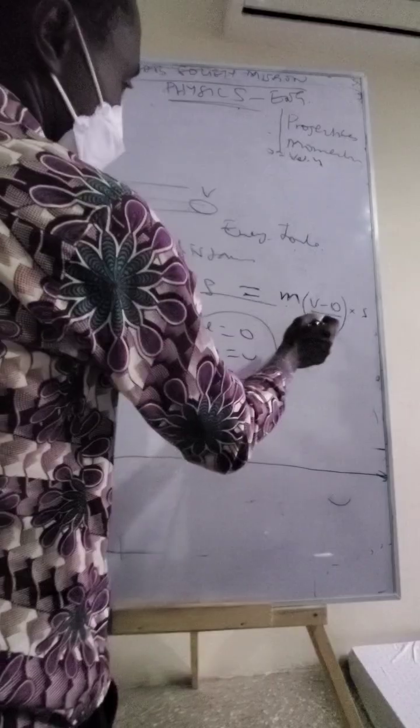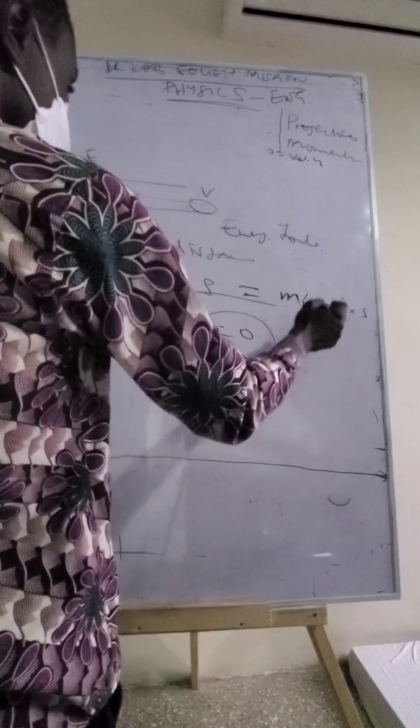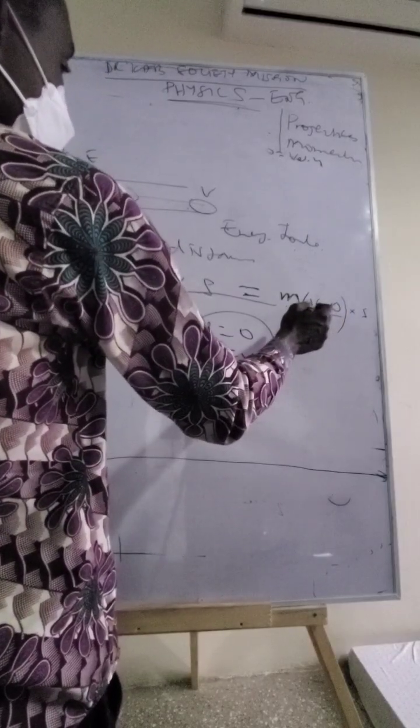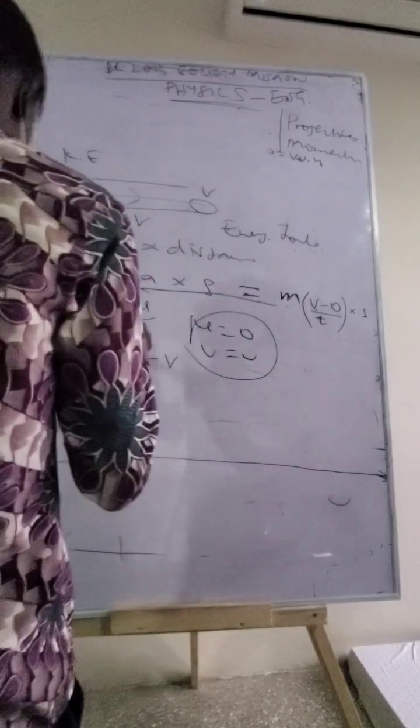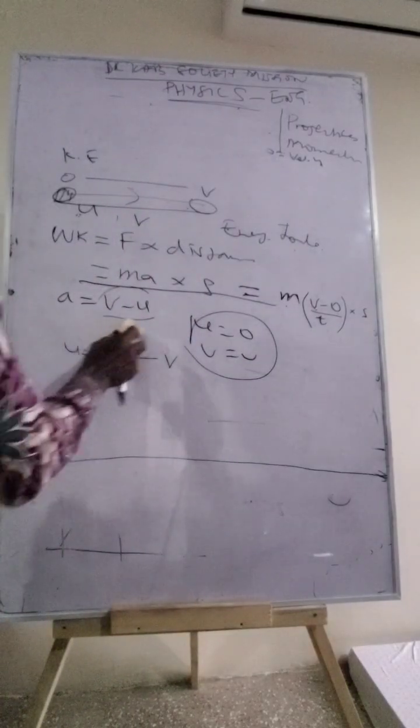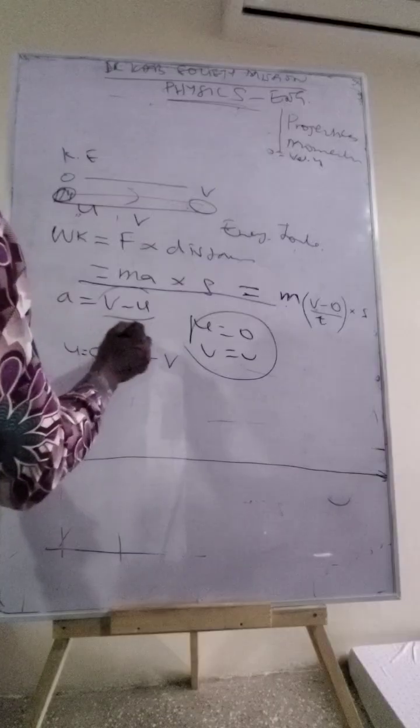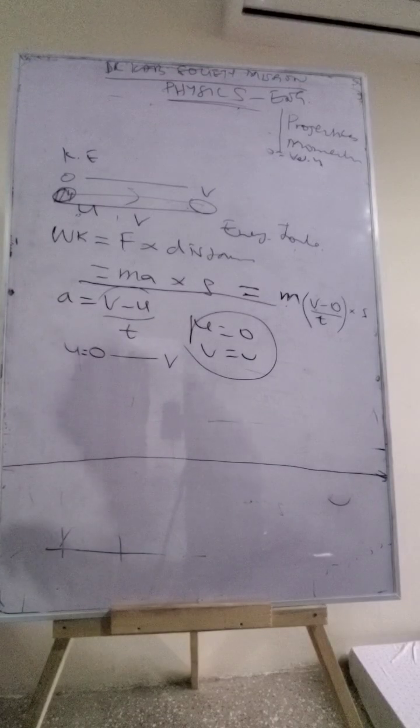So this mass times the acceleration, final minus initial over t, divided by t, so we put it there. Okay, right.